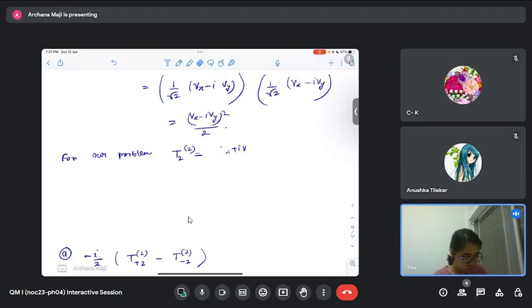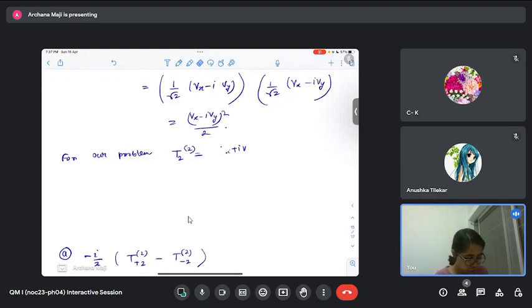Likewise T2 plus 1, which is equal to minus Vz times Vx plus Ivy.